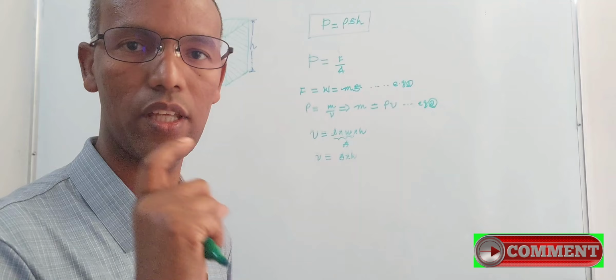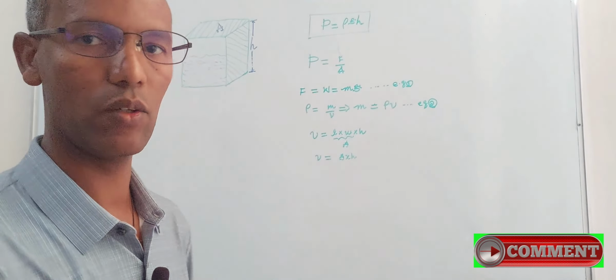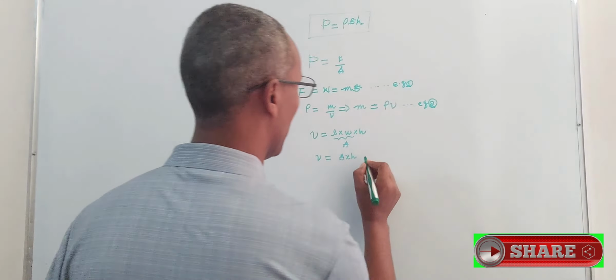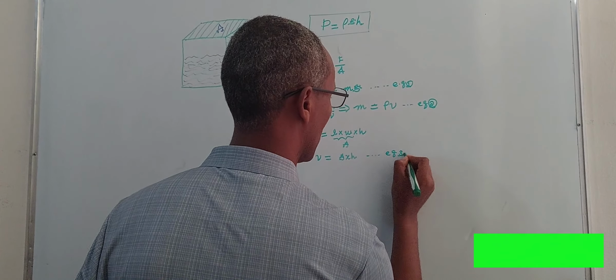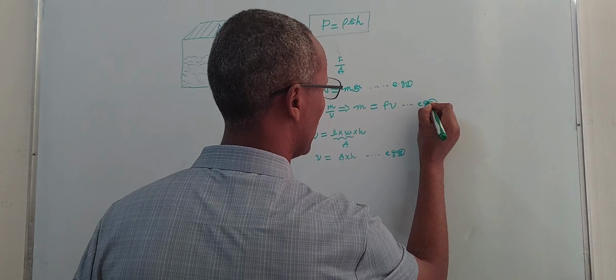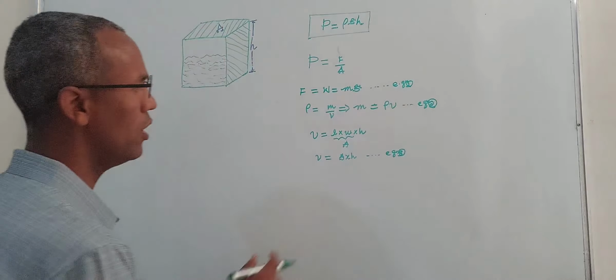Now, length times width is basically equal to the area. So volume is equal to area multiplied by h, or the height of the given rectangular shape. You can set this as equation 3.